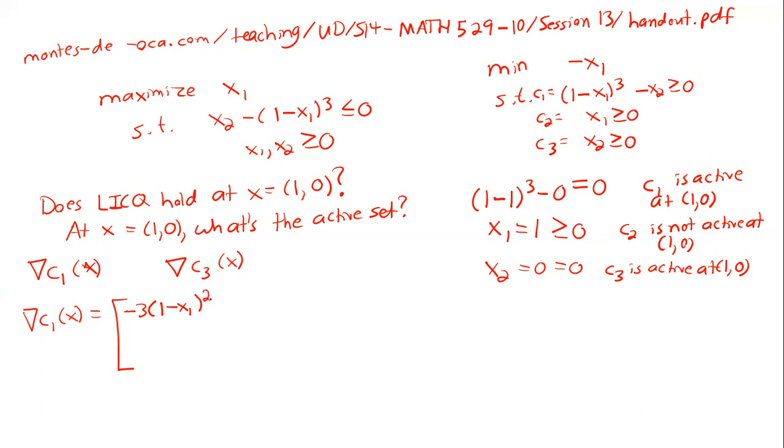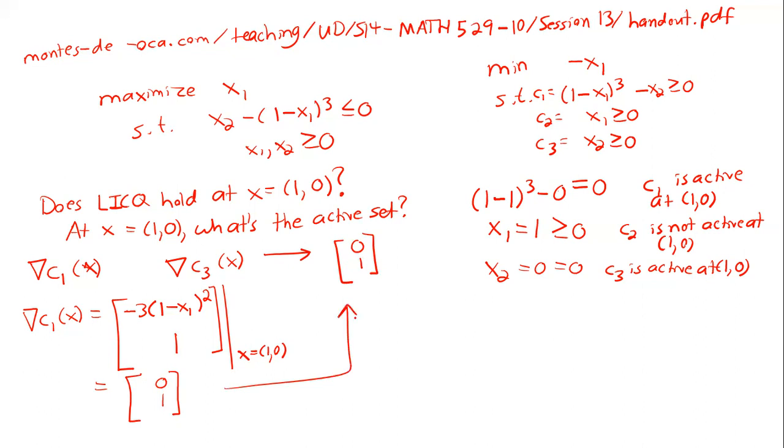Evaluating at x equals (1, 0), this gives me (0, 1). And the gradient of this one is also (0, 1).